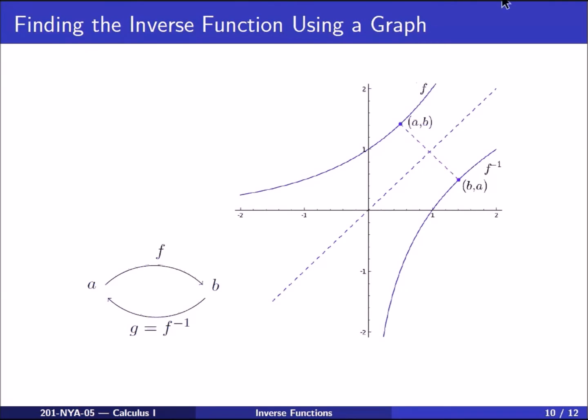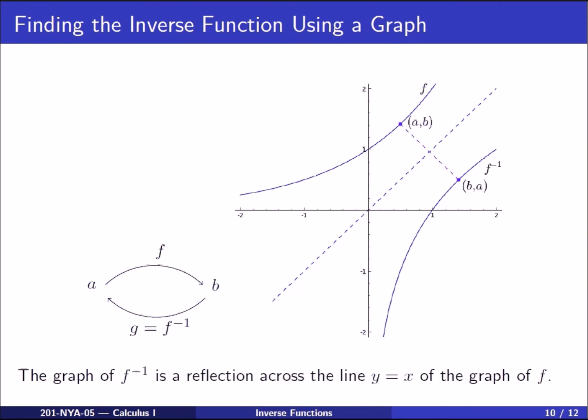So if I take every single point on the graph of f and reflect them across the line y equals x, I'm going to get the graph of the inverse. So that's why we say that the graph of the inverse is a reflection across the line y equals x of the graph of f.